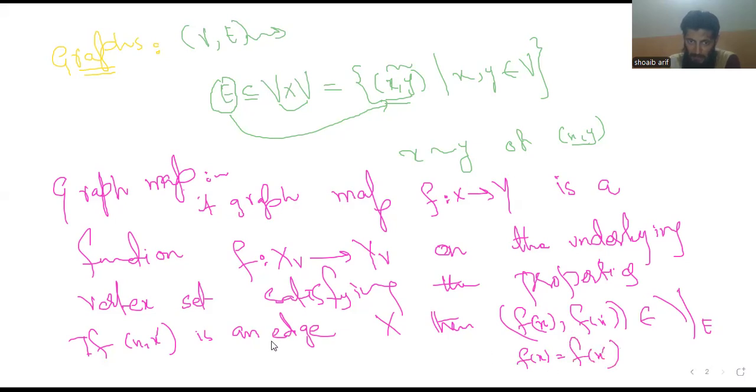That is, if x and x dash are adjacent, or we can say there is an edge between x and x dash, then one of two conditions holds: either there is an edge between f x and f x dash, or both images are equal. Okay, so this is the definition of a graph map.